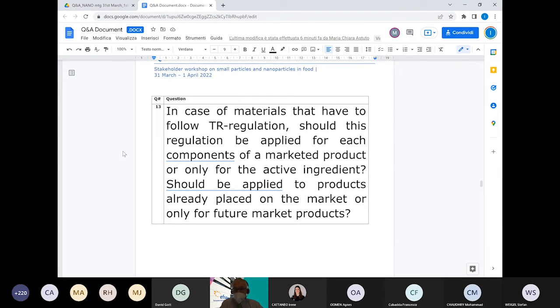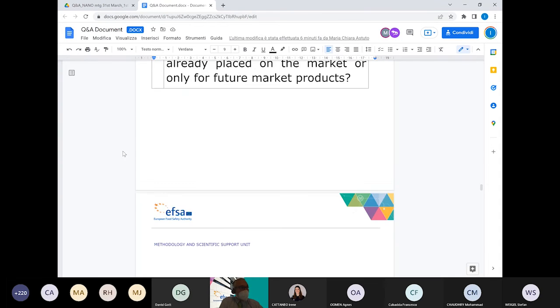So we are not going to reassess products already on the market unless we receive a request from the European Commission, or unless this is part of the normal process that is not nano-specific, that covers all the different elements. And with that, we can move to the next question.